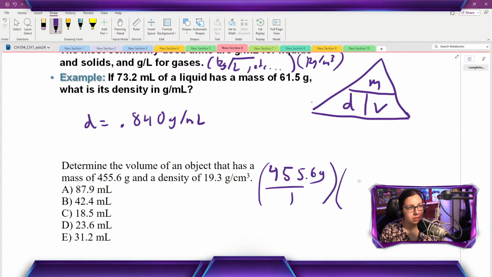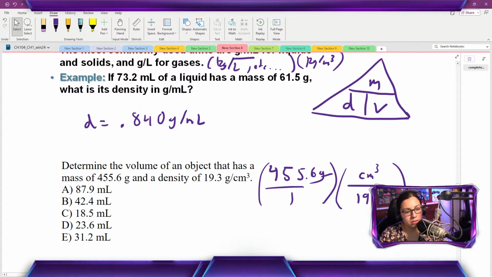Notice how these units work out. Centimeters cubed goes on top since it's grams per centimeter cubed, and then 19.3 grams on bottom. Notice how grams cancels. That's kind of like your double check. You have your triangle trick, then you have your dimensional analysis.